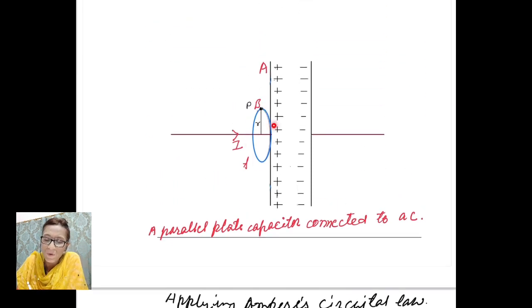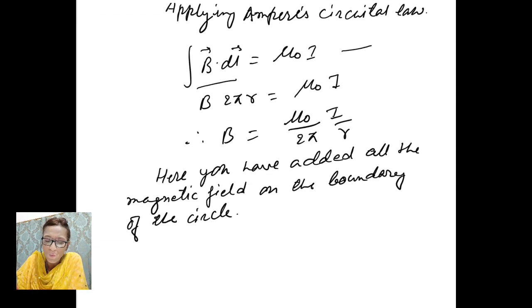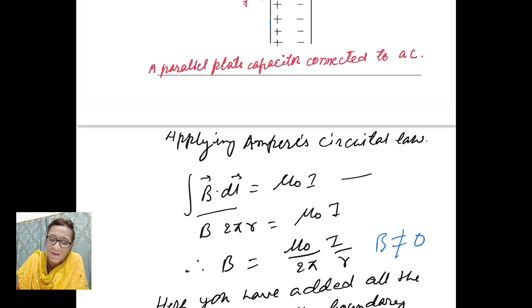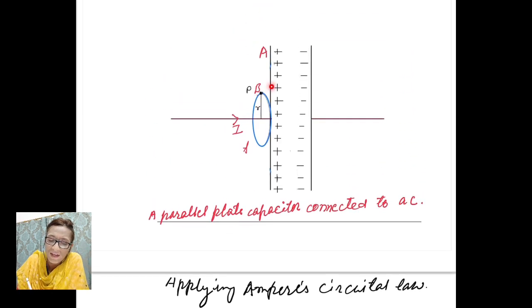Here this complete length of the circle can be integrated to 2 pi r. So B is arrived. B is positive, it is not 0 at this point. There is some magnetic field outside the capacitor.